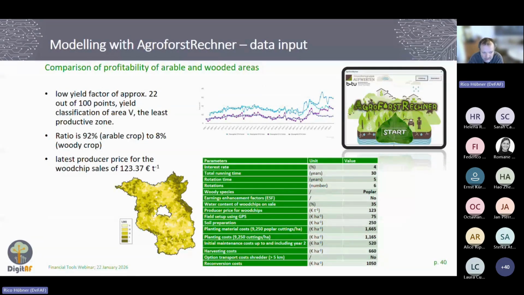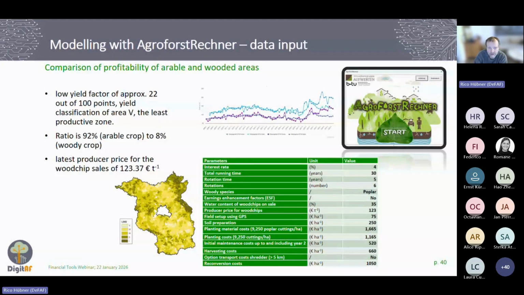So there's a number of figures that the farmer or the planner would need to estimate beforehand. And harvesting costs, as he's processing the woody material on site, there's no transport cost for a shredder, and also the reconversion costs after the total running time of 30 years you can price in.